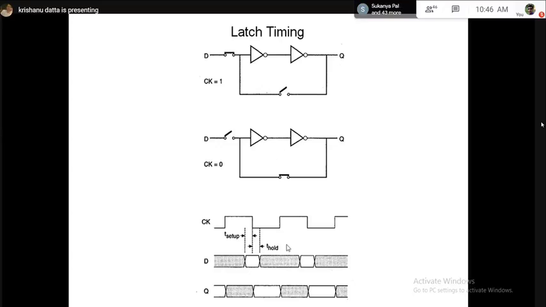As per your course, the definition of setup time and hold time is there, so that is why I explained that. And this setup time and hold time is the critical property of any sequential element. If you see any combinational logic, we never discussed setup time or hold time.